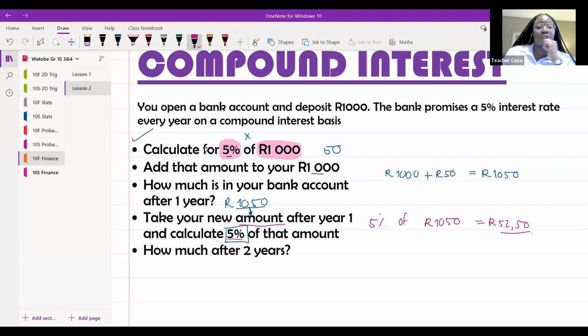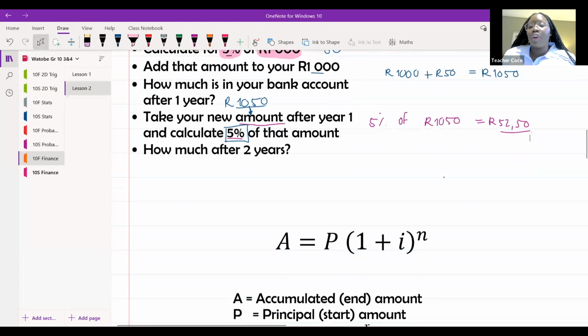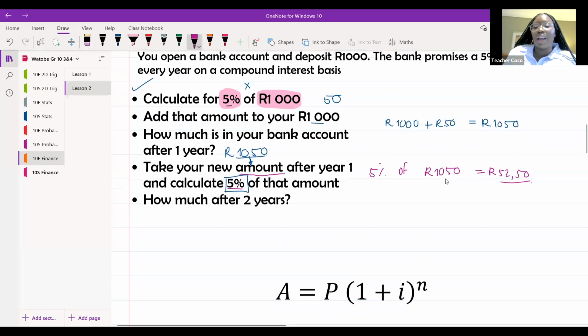All right, excellent question. So when we calculate compound interest, we calculate one number over the other, which means for year 3, what I would have to do is 1050 plus the 52 Rand and 50 cents, which would give me 1,102 Rand and 50 cents.